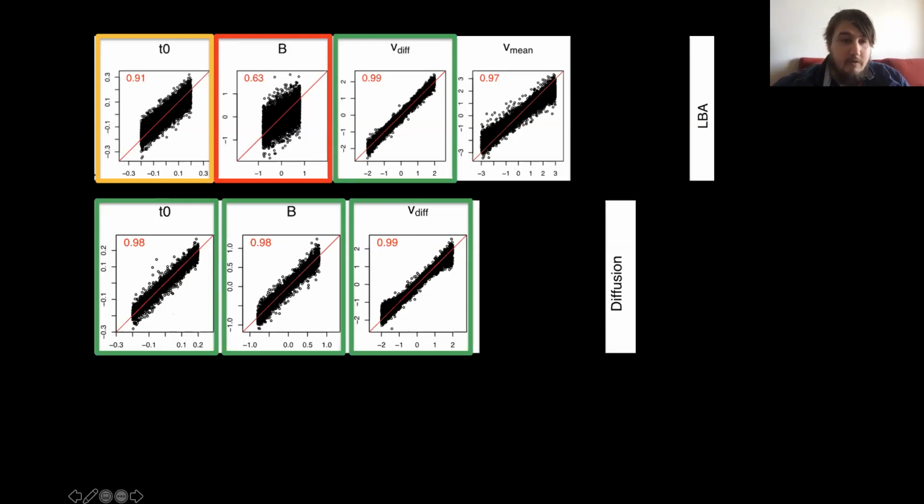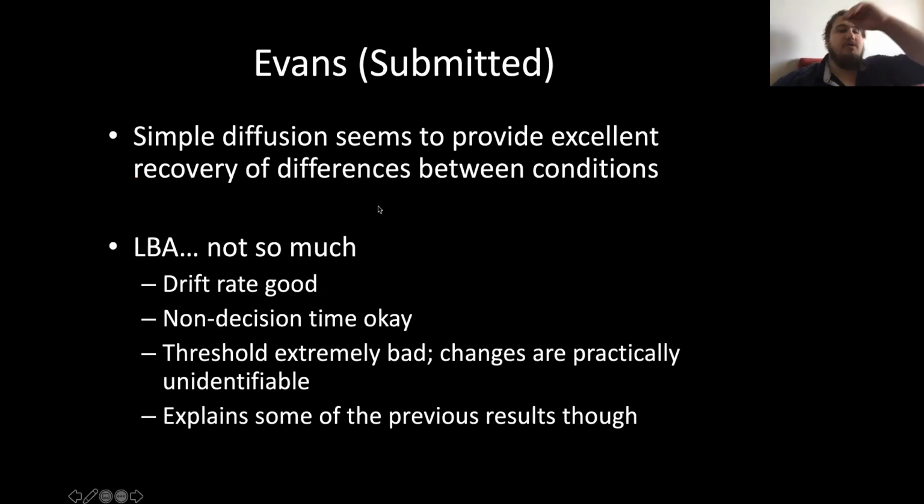The variability in essentially every case, I guess VDIF's debatable, but in the other two cases, variability is much lower, and you can clearly identify the differences, at least to me, across conditions. So the general conclusion of the study is the simple diffusion model seems to provide excellent recovery for these differences between conditions.